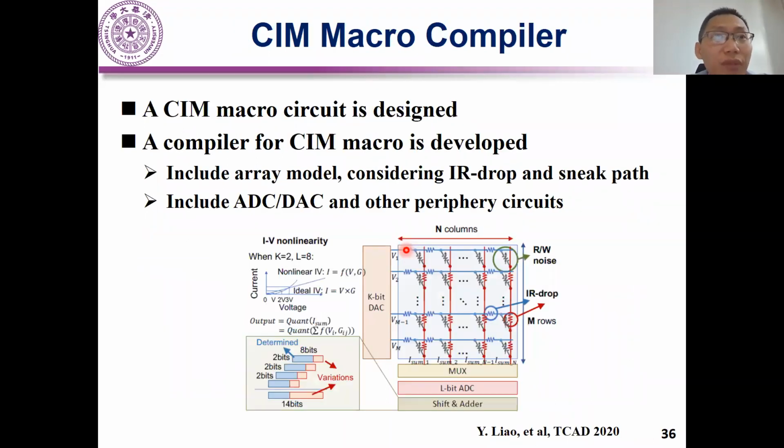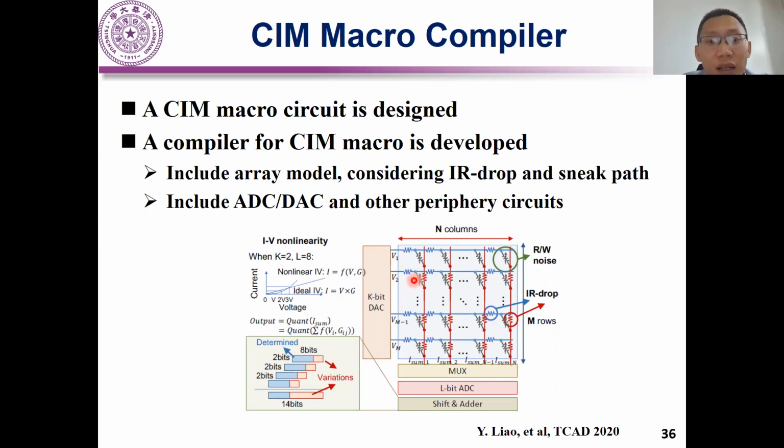Then we develop a micro circuit compiler for the CIM system. This compiler includes the above compact model of the RRAM device. At the array level, we have considered the error drop caused by the interconnect resistance, the snake path issue and other array effects.